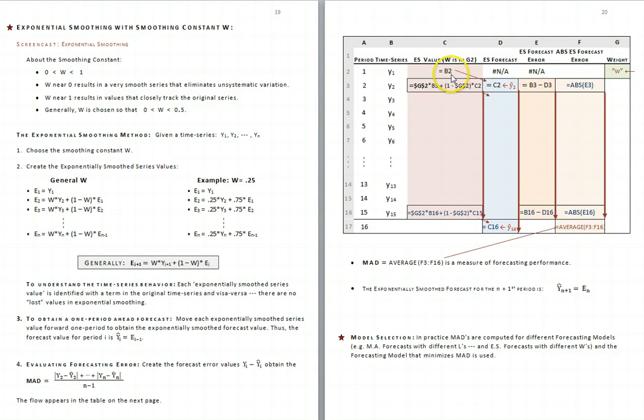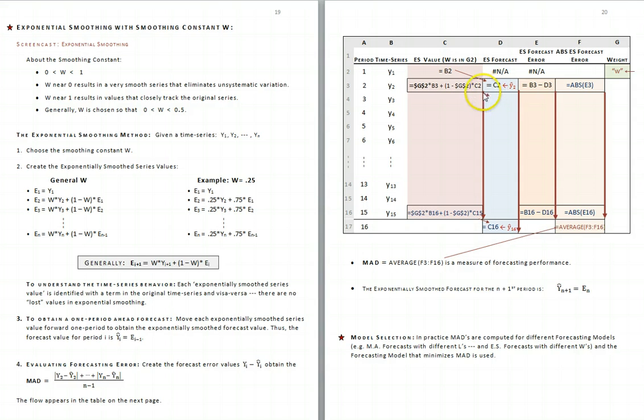The first exponentially smooth series value will be taken to be the first actual series value. The second exponentially smooth series value will be the weight times the second actual series value plus 1 minus the weight times the previous exponentially smooth series value.